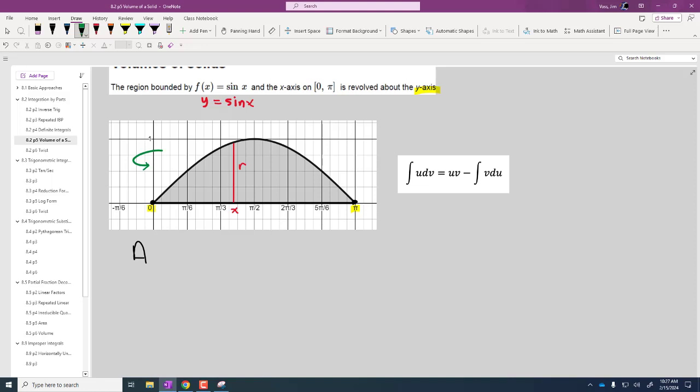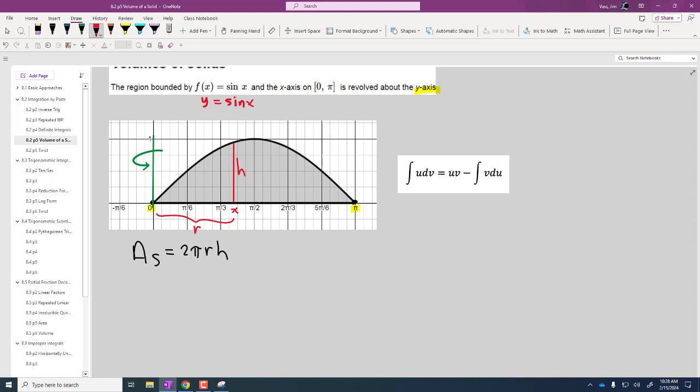Now, if we're going around the y-axis, this does create a shell, because we are now parallel to our axis of rotation. So the area of our shell is going to be 2 pi times the radius times the height. So this is now the height. Can you tell me what the radius is? X. Yeah, the radius is x.